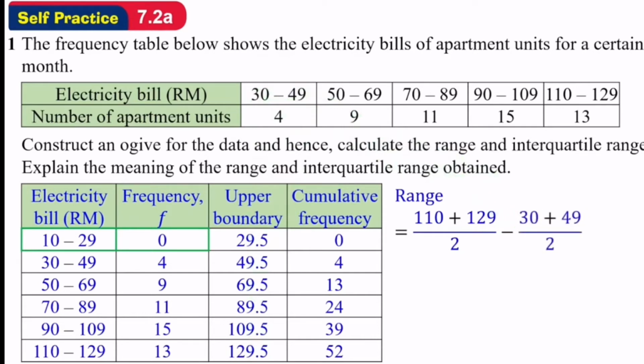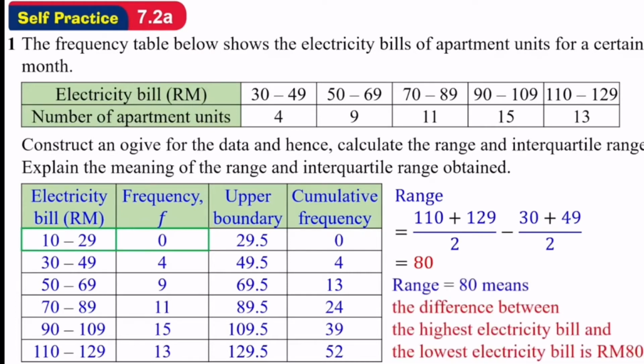Now let's press the calculator, and the answer is 80. So explain the meaning of the range. The range means the difference between the highest electricity bill and the lowest electricity bill is 80 ringgit Malaysia.